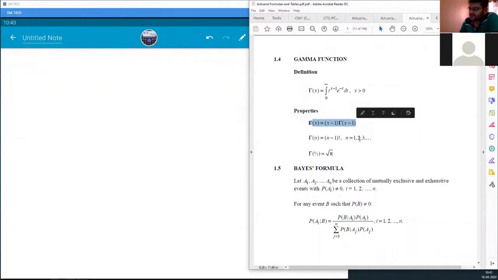Otherwise, gamma follows this pattern, very similar to our factorials. Just the difference is we have x minus 1 into gamma of x minus 1. Okay. And gamma of half is equal to root pi. We did solve gamma of 3.5 using this. So in gamma functions, we can find integers using factorials as well as half integers.